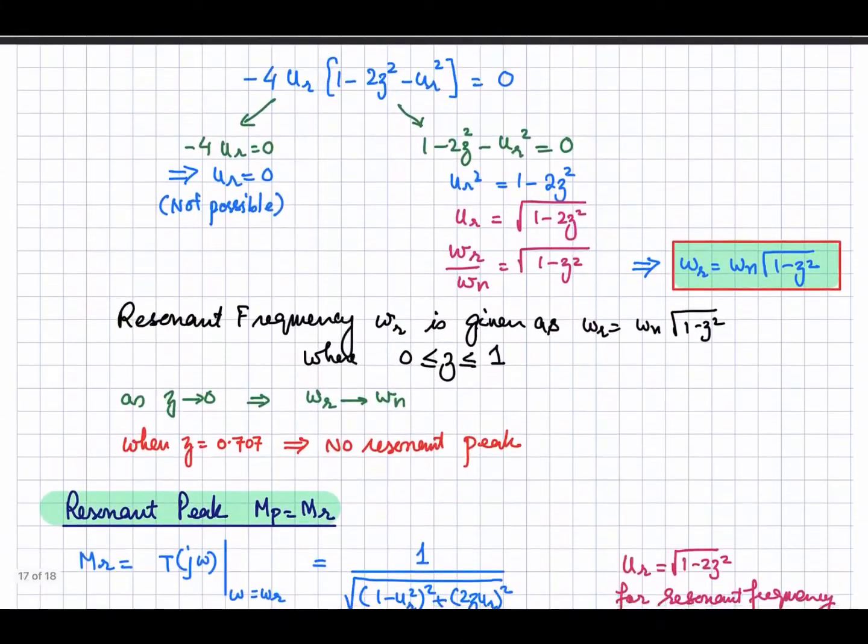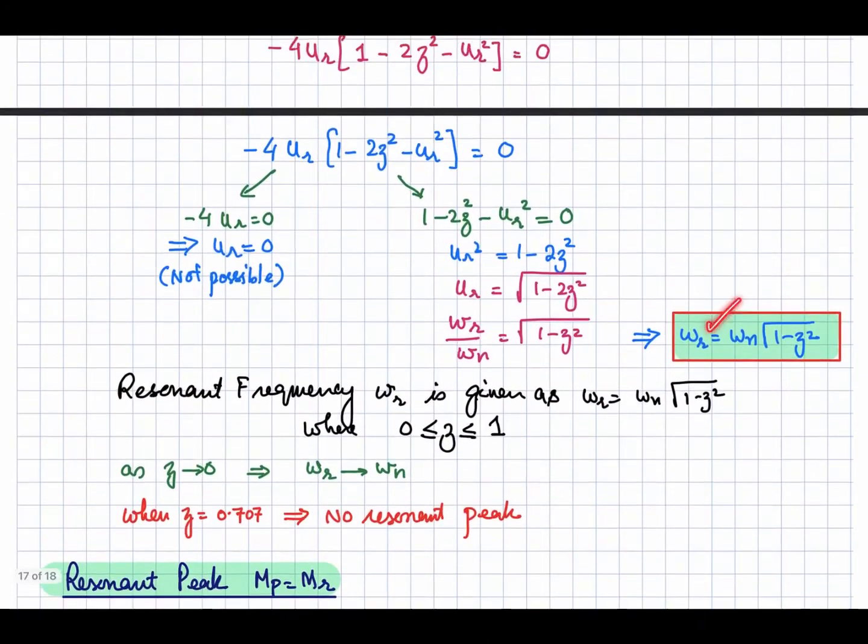So with the help of this expression we can find out the resonance frequency. So resonant frequency omega r is given by this expression, and the zeta is in the range from 0 to 1. If zeta becomes 0, your resonant frequency becomes equal to the natural frequency or the corner frequency.